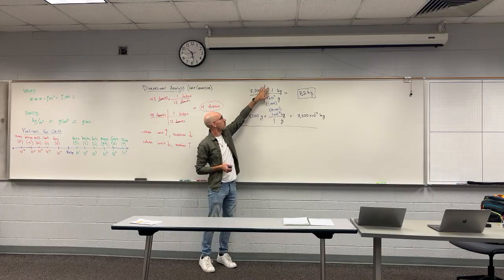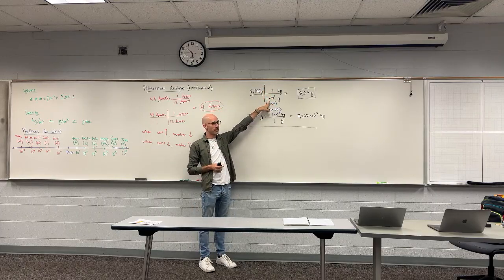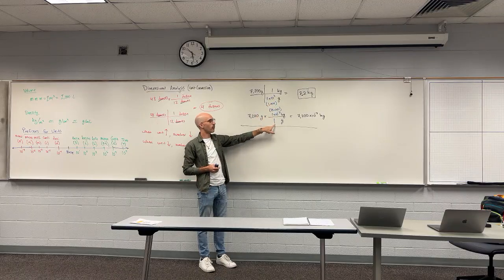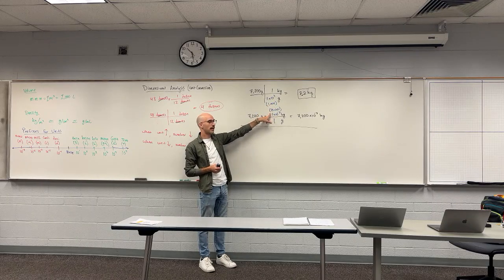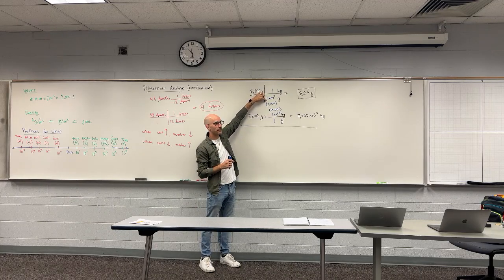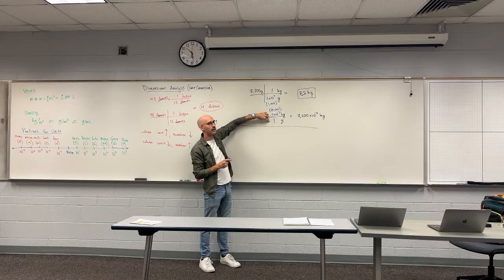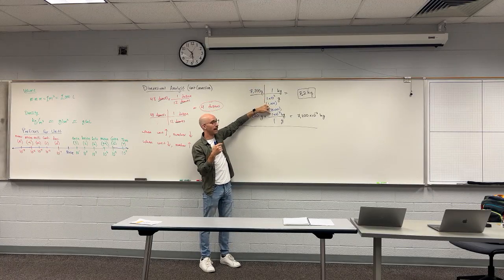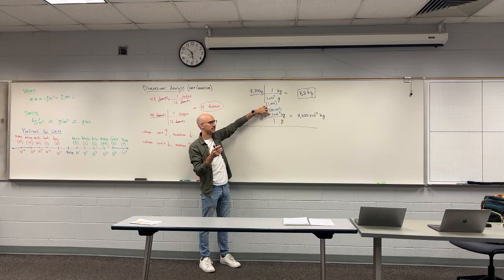So rather than saying 1 kilogram is 1,000 times 1,000 grams, I said that 1 gram is 1,000 times smaller than a kilogram. I took this number and I divided by 1,000 to make it 1, which means I also have to take this number and divide it by 1,000. So you just did the inverse? Kind of, yeah.